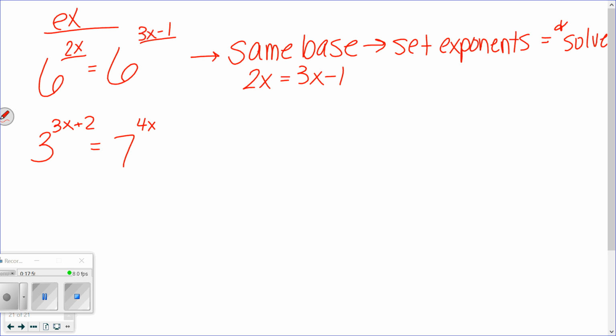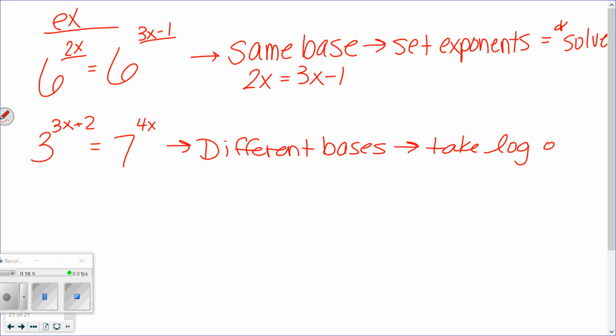Good. So for something like this, where you have different bases, take the log of both sides, and solve. I'll write it up here.